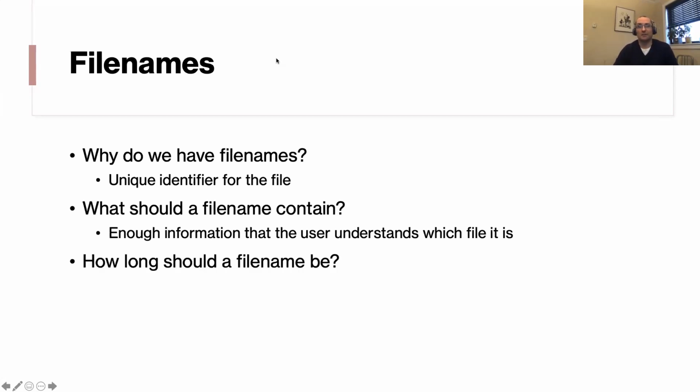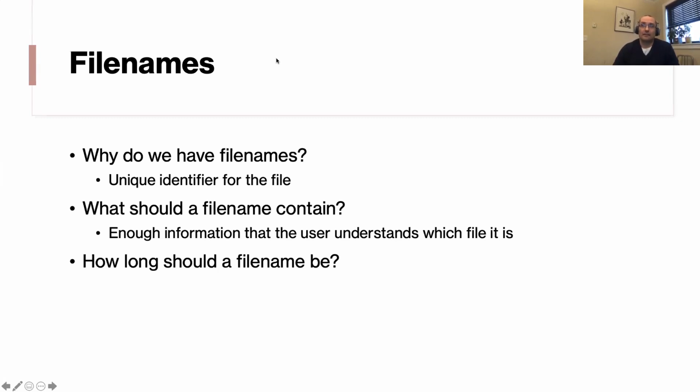And then a big question is how long should a file name be? I think most of the students here would be too young to remember this, but when I first started working with computers, file names were capped at 8 characters plus 3 for the extension. That was as long as they could be. And luckily that didn't last very long.